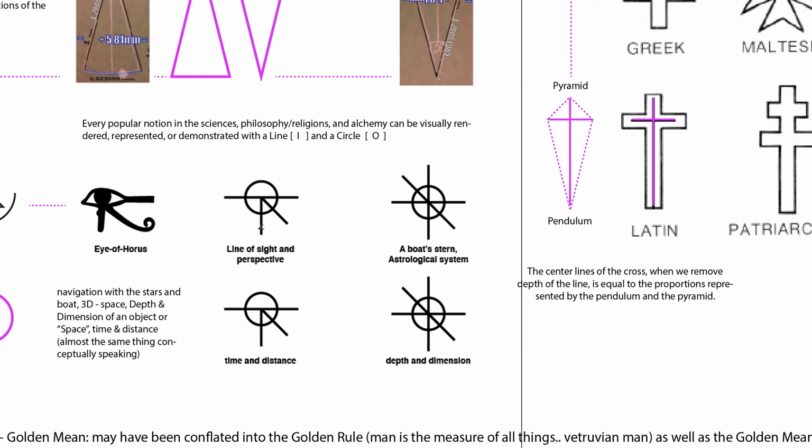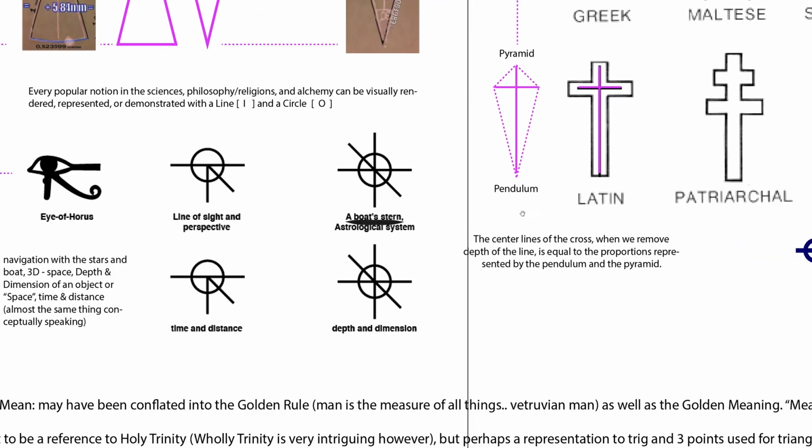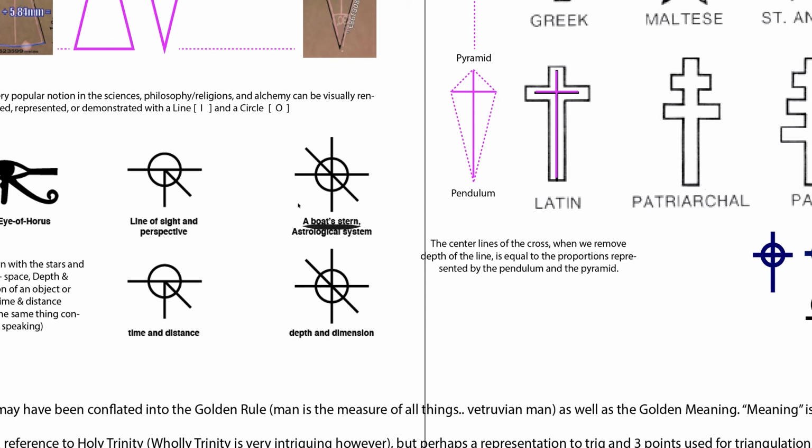Yet, if I had to create one little icon or symbol for it, I could literally do it with this, and if I had the right word and was able to cast the right spell, a boat's stern is composed of the sacred cross point and the sacred bind, or the Celtic cross, right?